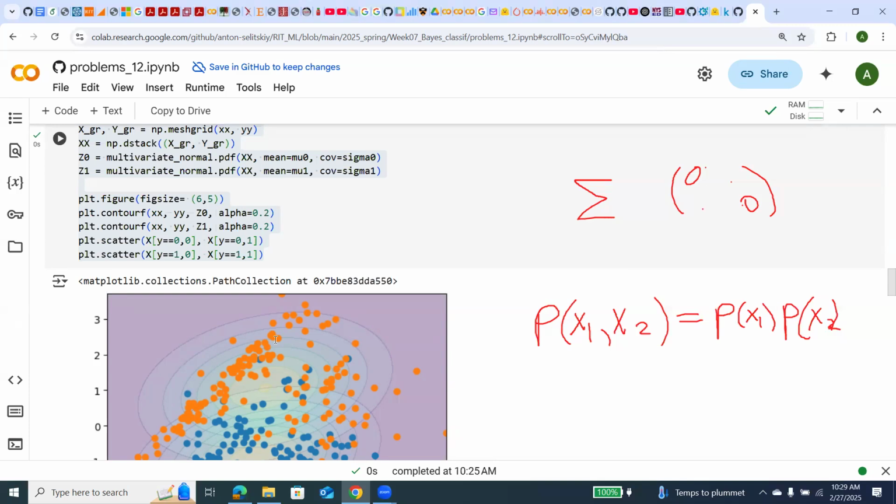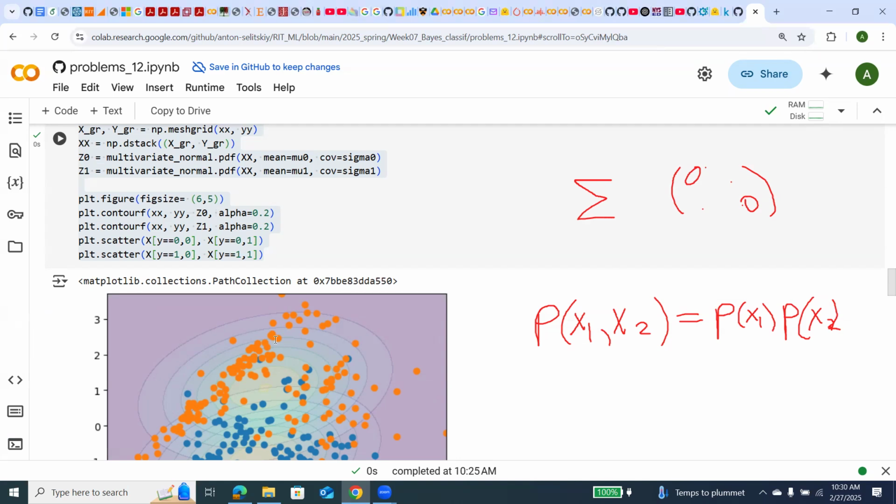For naive Bayes, we made another assumption that our X given class has not a two-dimensional distribution, but is the product of one-dimensional distributions: normal of mu for class 1 component 1, sigma 1, times normal of mu for class 1 component 2, sigma 1.